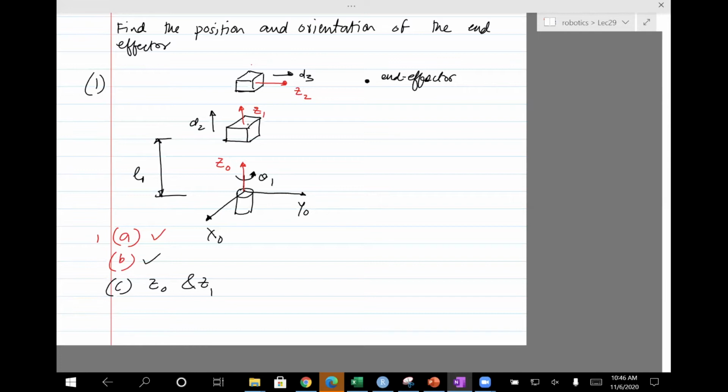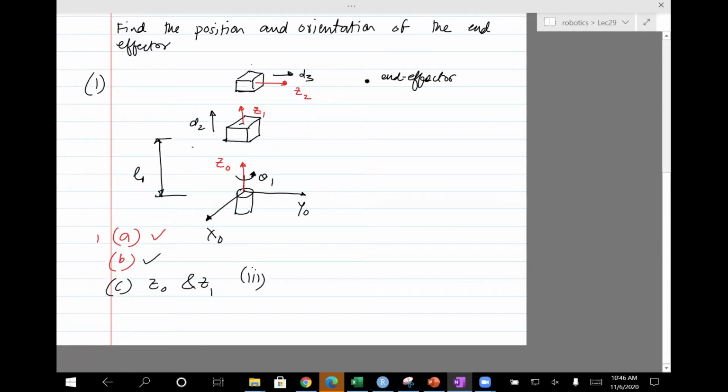If you look carefully at Z0 and Z1, we see that they actually intersect, right? If you extend Z0, it will intersect Z1, which means that it fits in with case 3 in the handout. In this case, Xi is chosen to be normal to the plane formed by Zi minus 1 and Zi. So we need to choose Xi, in this case i equals 1, X1, to be at right angles to Z0 and Z1. So again, there are multiple options.